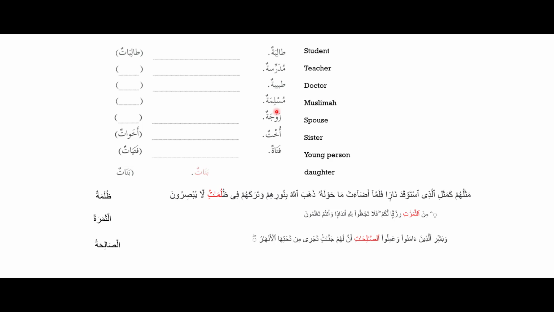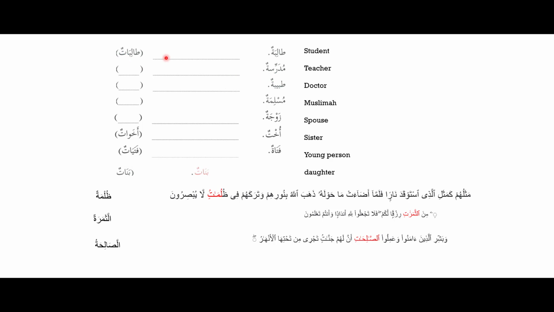So let's move on to some practice problems for sound feminine plurals. Here are our singular isms on the right side, talibatun. We know the gender of this ism. This is feminine, because of ta marbuta, and it belongs to humans. So all we have to do is add the atun ending here.